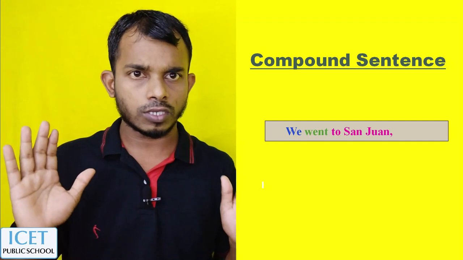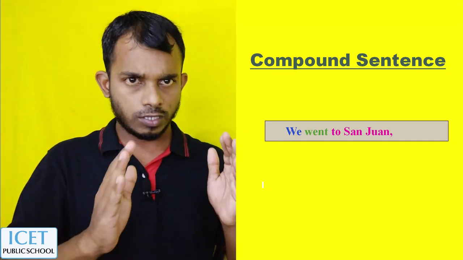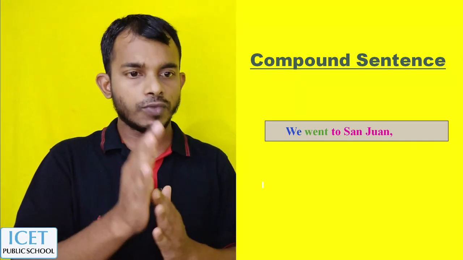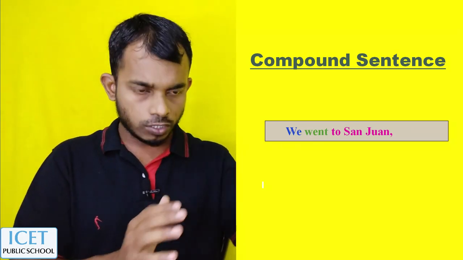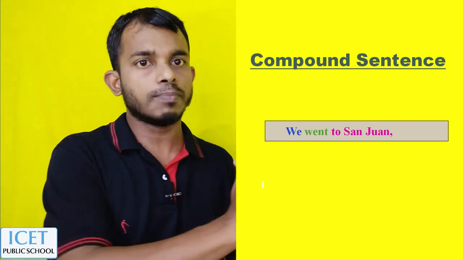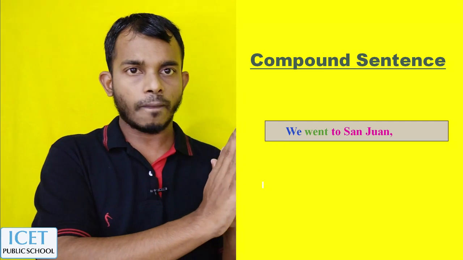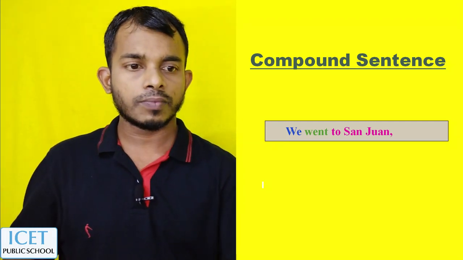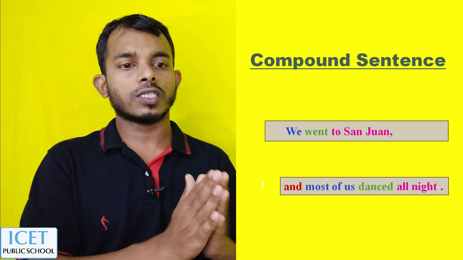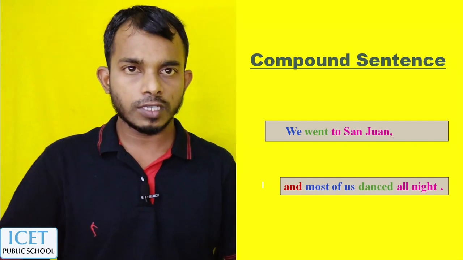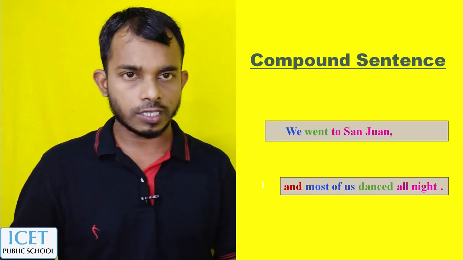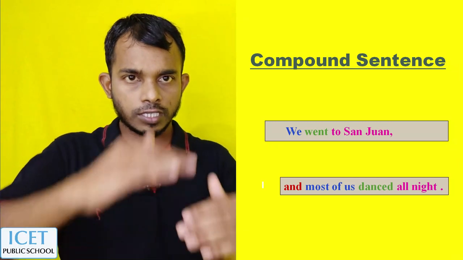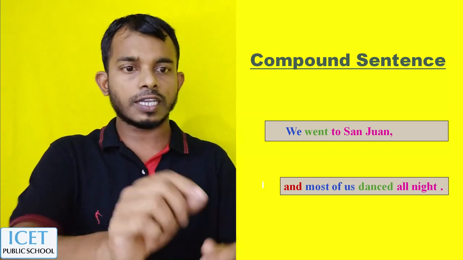We went to St. John is the first clause of that sentence, followed by a comma because the sentence has not been completed. And most of us danced all night is the second part of the sentence. You got it. These are the two clauses that have been connected with a coordinating conjunction.